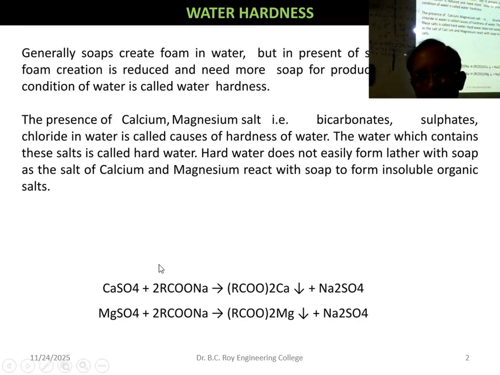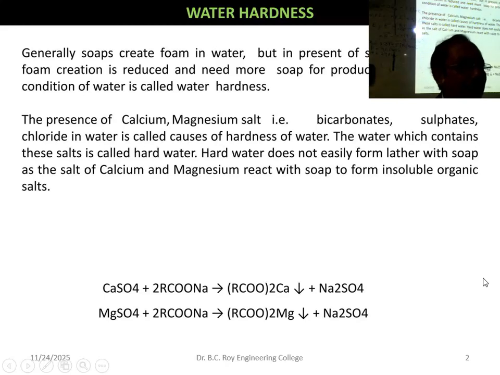Now this R represents the long chain alkyl group, in RCOONa. It reacts with hard water and gives a precipitate, which is called scum, and so forth. What is the reaction signifying?